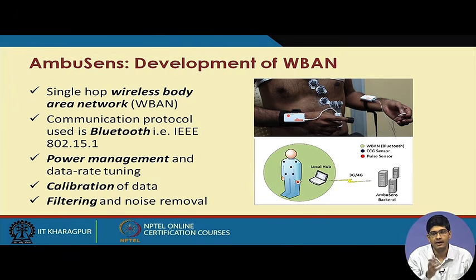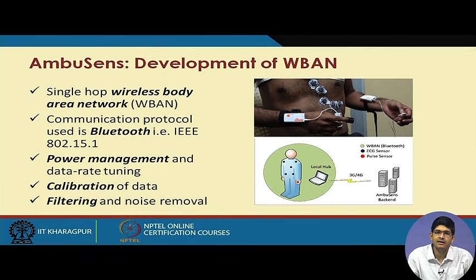The sensing layer of the Ambusens project consists of different wireless sensors which sample the physiological data coming from the patient, and using Internet of Things communication technologies such as Bluetooth, Zigbee among others, the data is sent to a local hub or a local data processing unit, where the data is aggregated and sent further for processing.